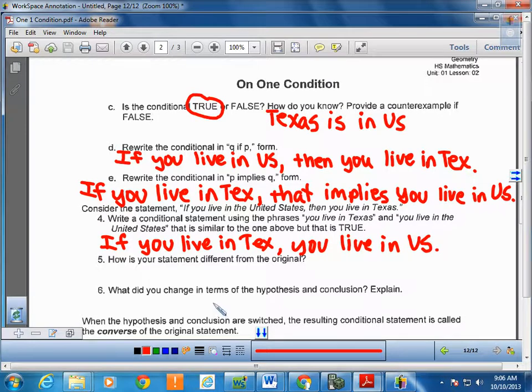How's your statement different from the original? Well, the original statement they had here, we had to change. We had to put the conclusion first and the hypothesis last. So we wrote conclusion first. Why did you change the terms of the hypothesis and the conclusion? Because you could live in another state. So if you live in the United States, you don't have to live in Texas.